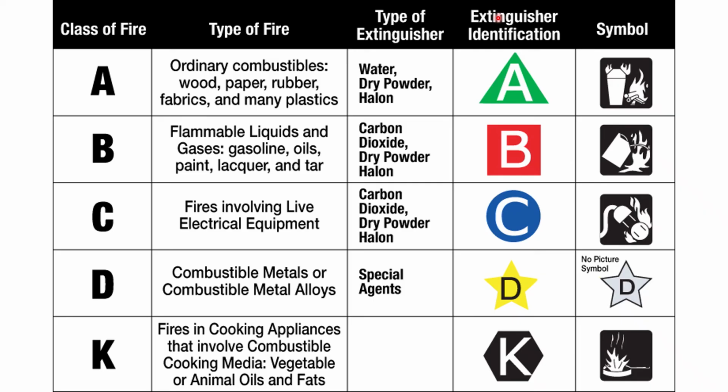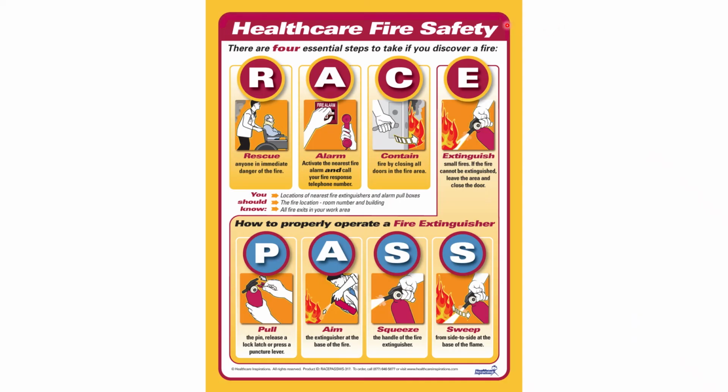Report the fire, and if possible, attempt to extinguish it. Personnel should also work as a team to carry out emergency procedures. Fire drills must be conducted regularly and with appropriate documentation. These are the healthcare fire safety measures.